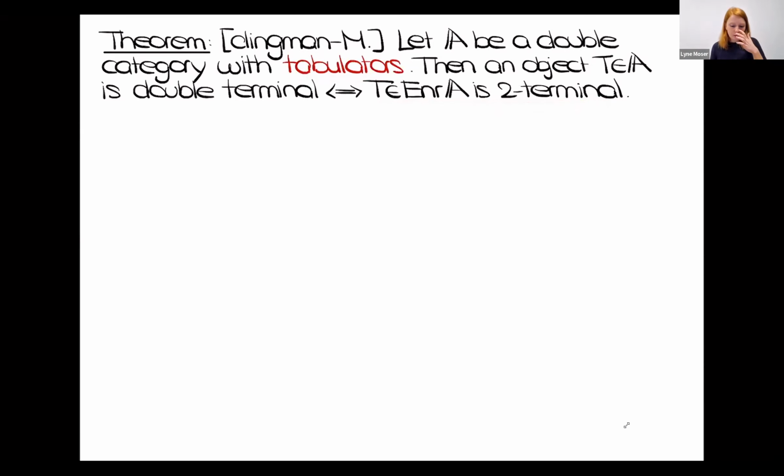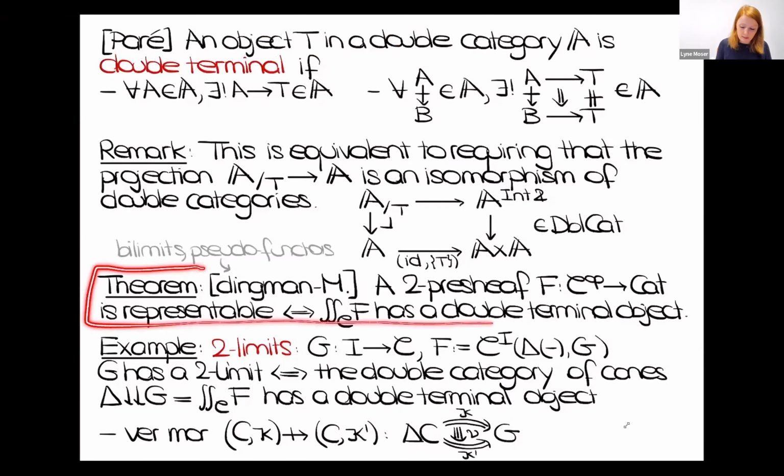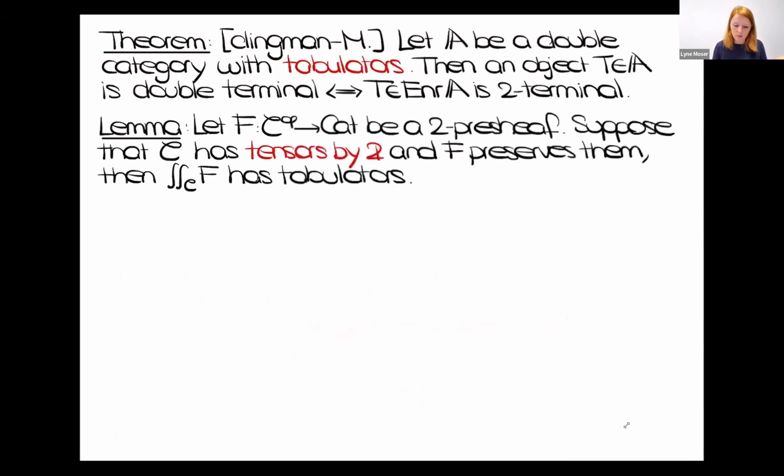And so you could try to ask how does it simplify this representation theorem now? So when does this double category of elements have tabulators? It is the case when, if you have a certain 2-presheaf and the 2-category you start with has tensors by this arrow category, and F preserves this tensor, then you can show that the double category of elements has all tabulators.